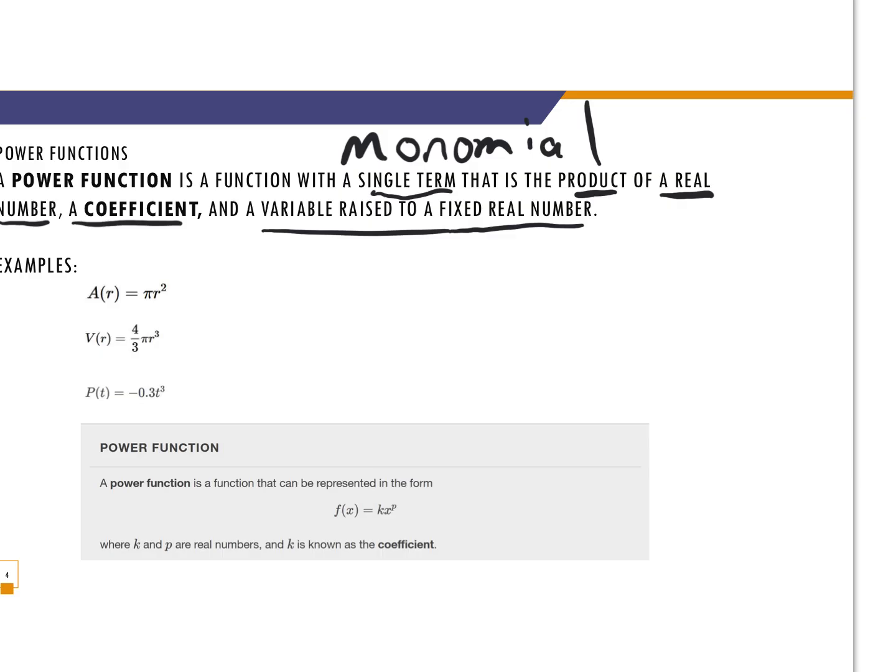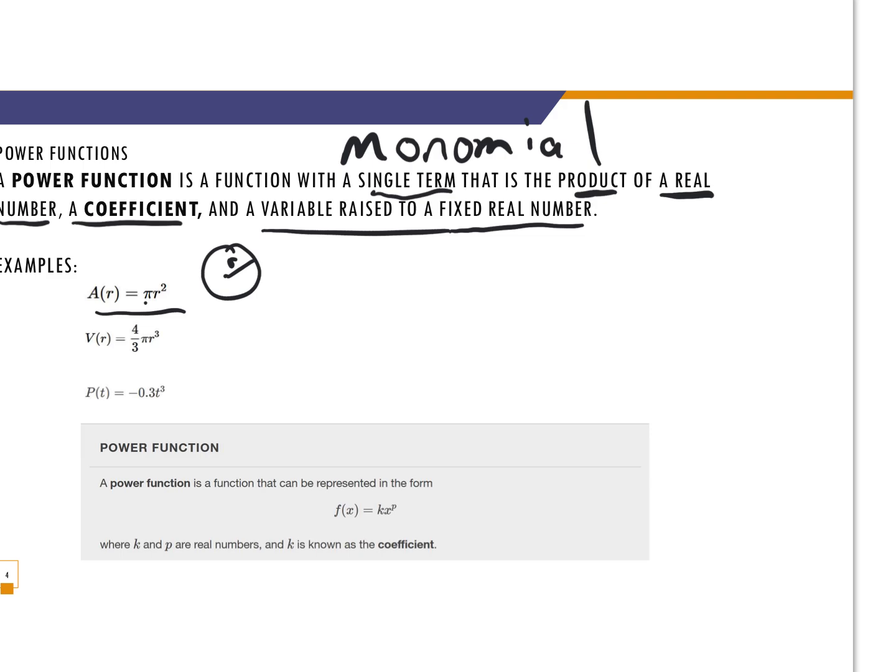And what I've given you is perhaps a power function that you may have seen before. A equals pi r squared. You've seen that before. That's just your formula for the area of a circle. The radius is r. The area of a circle uses pi, which is a real number. You may not think it is, but it is.